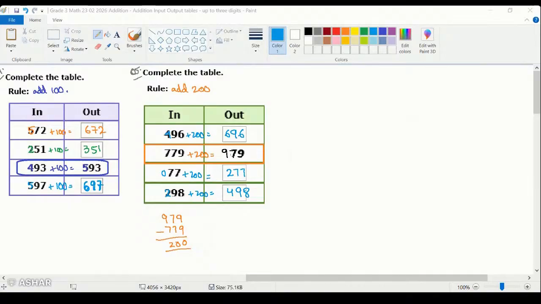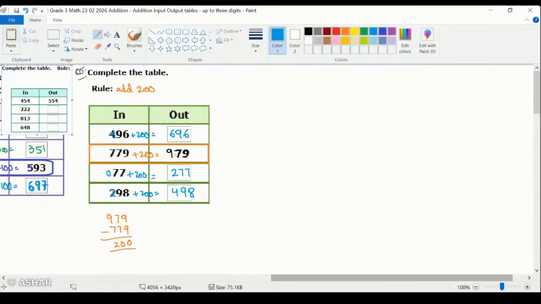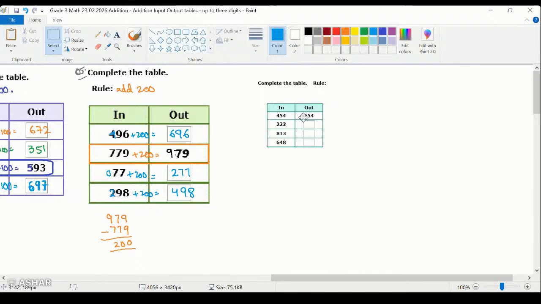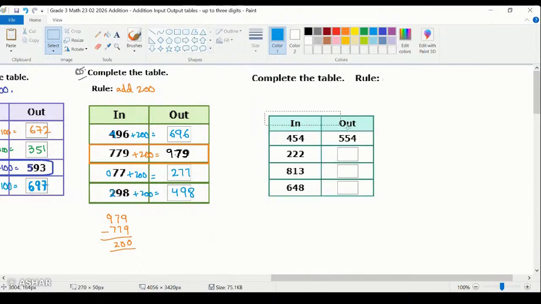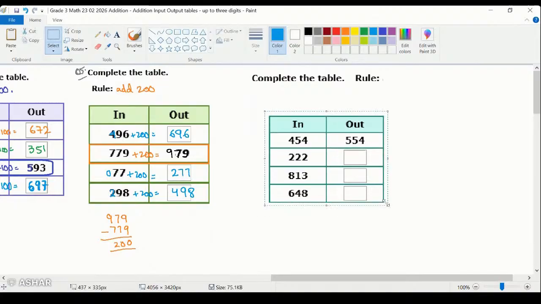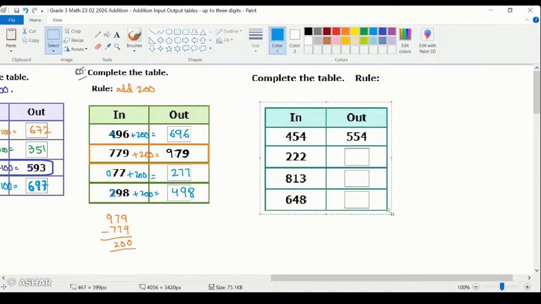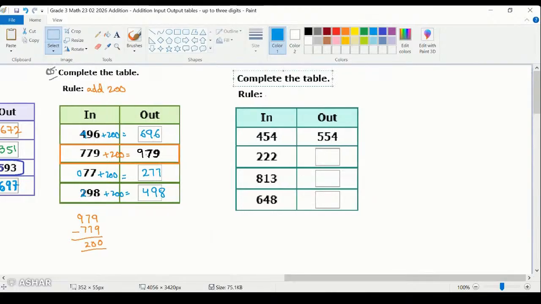For the next question, I'll make 2 changes to this question. For the next question, it says complete the table. And let's suppose the rule given to us is the same as it was given previously.